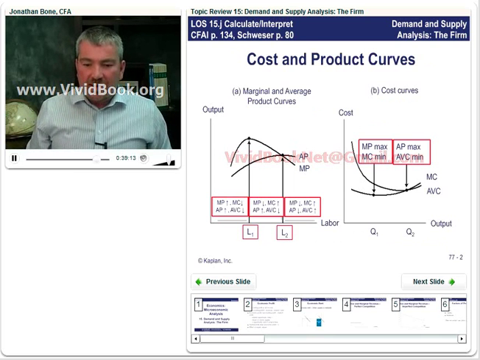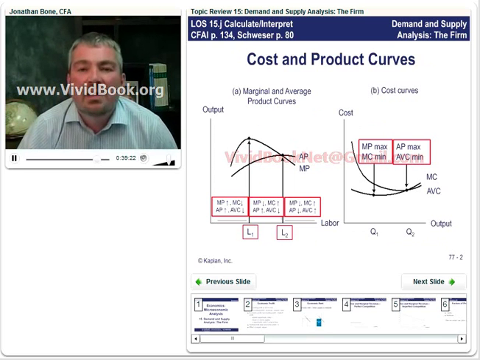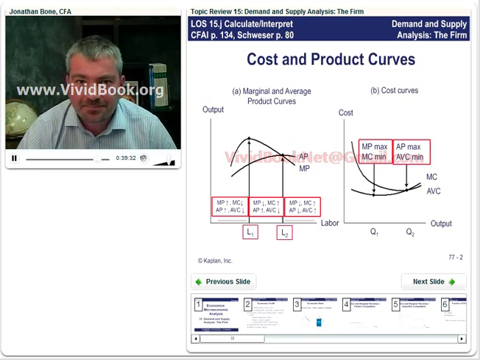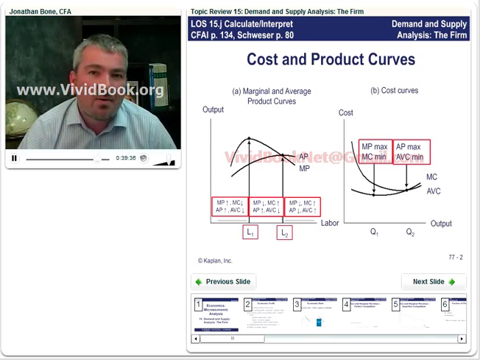Okay, cost and product curves. We've got marginal and average cost curves, product curves and cost curves. So we've got our average product and marginal product on the left-hand side, and we've got our cost curves, marginal cost and average cost on the right-hand side of the screen. Now let's start at quantities of labour below L1.